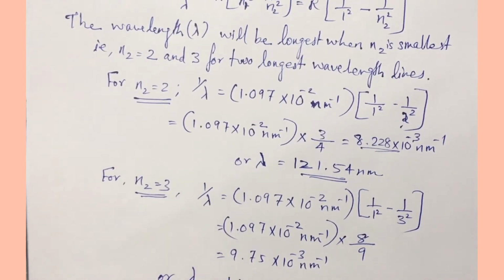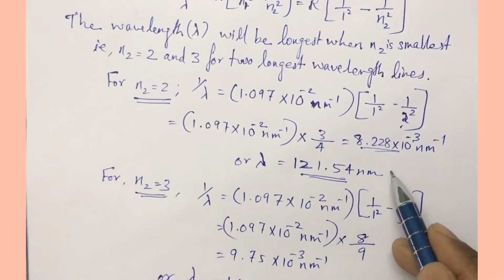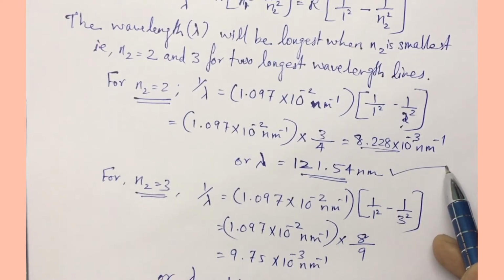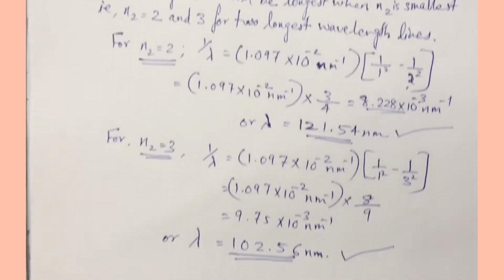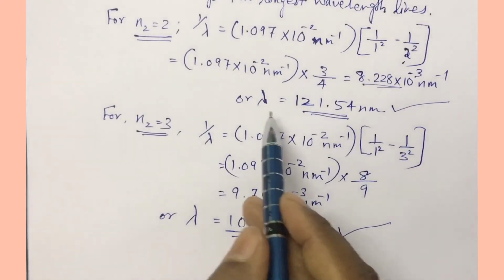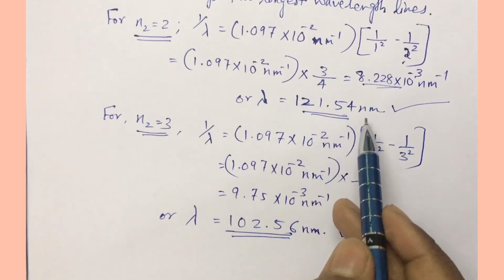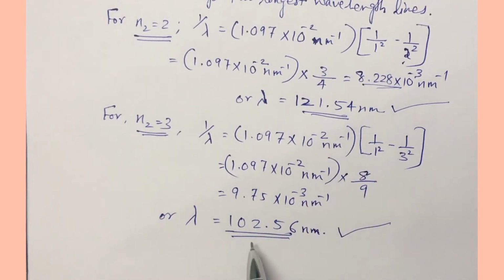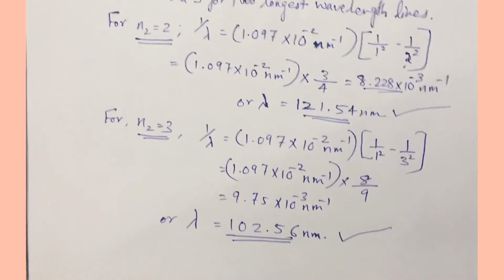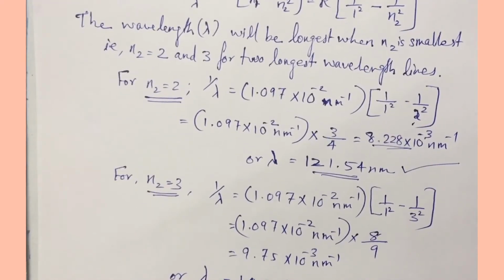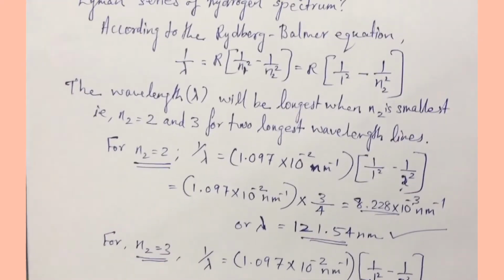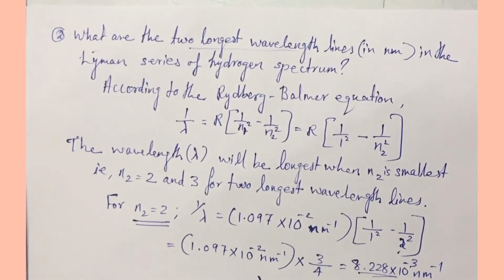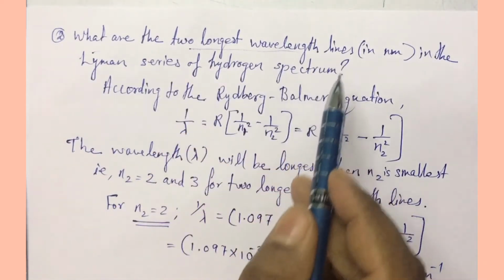Okay children, so this is one line which we have got, and this is another line: lambda is equal to 121.54 nanometer and lambda is equal to 102.56 nanometer. These are the two longest wavelength lines we can say.